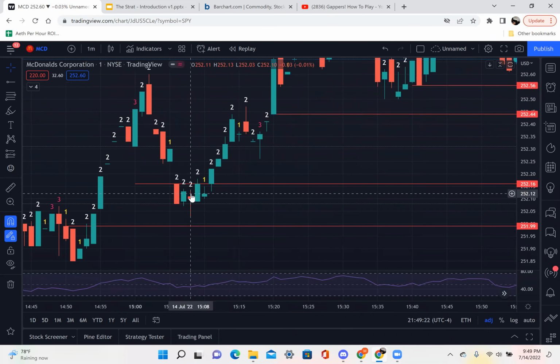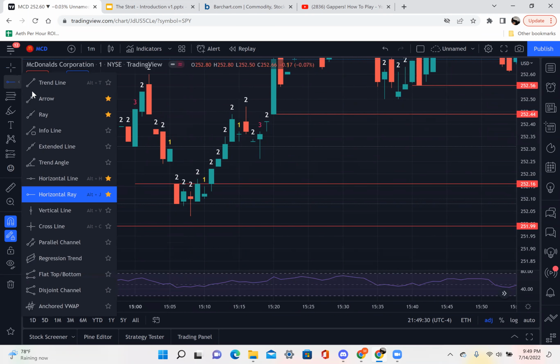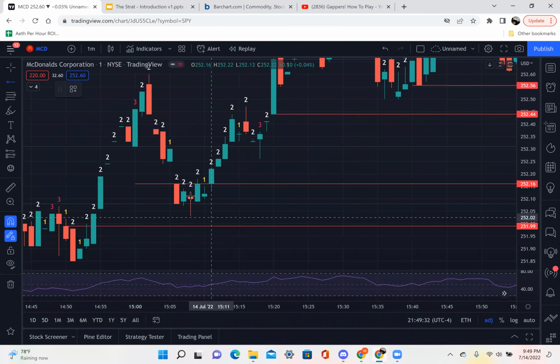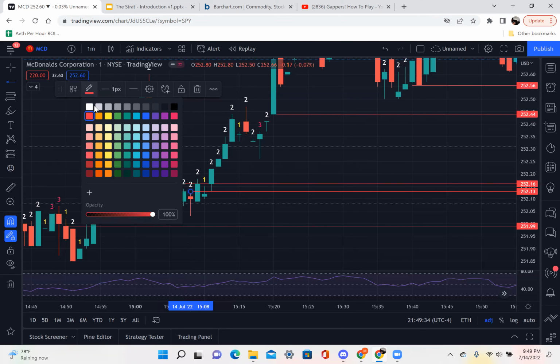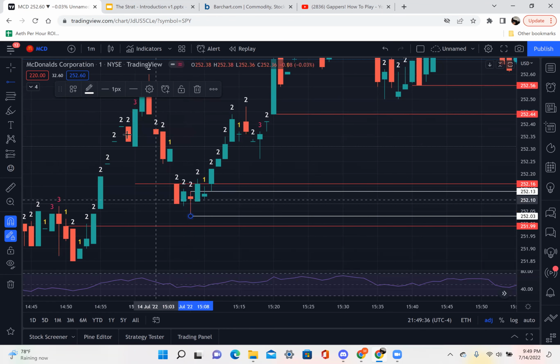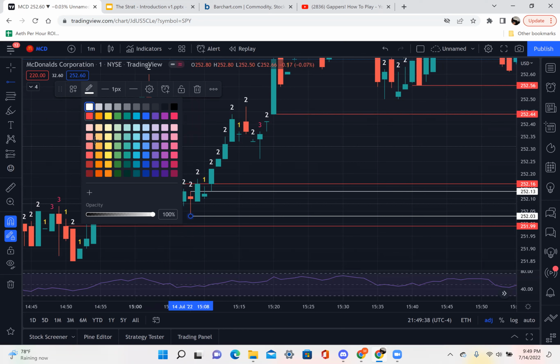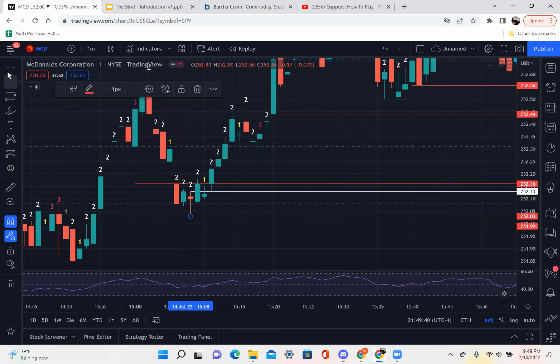right here, we got the 2 down because it broke previous low and not previous high. 2 up, right? Entry is right here, at that white line, stop loss at the red line, right?